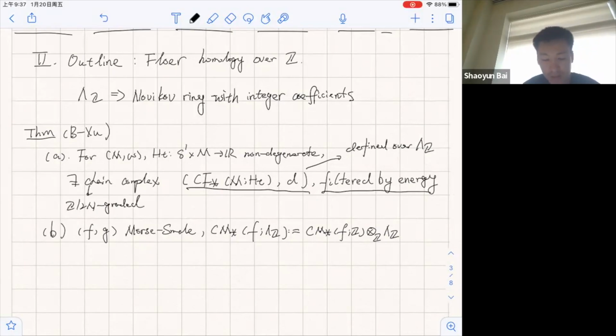So it's graded by the Conley-Zehnder index of the capped orbit, and it's freely generated over our ground ring by the fixed points.